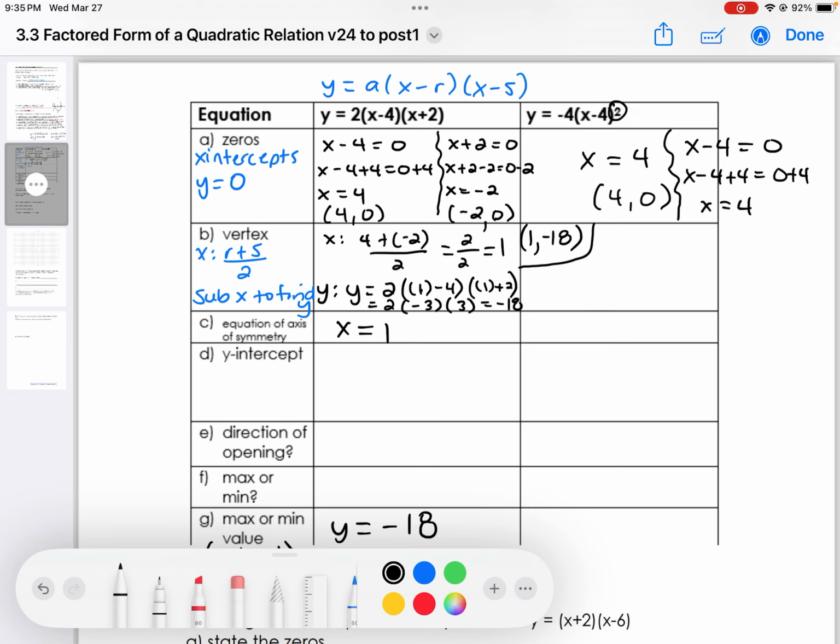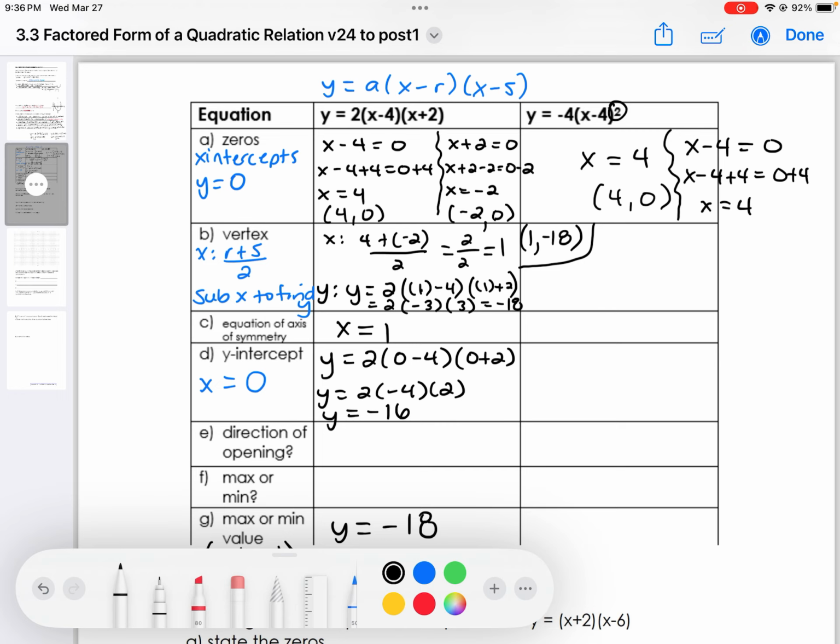So then when we do the y-intercept, again, we are going to sub in a number for x, which is 0, and solve for y. So that is not so bad. Two times negative 4 times positive 2 is negative 16.